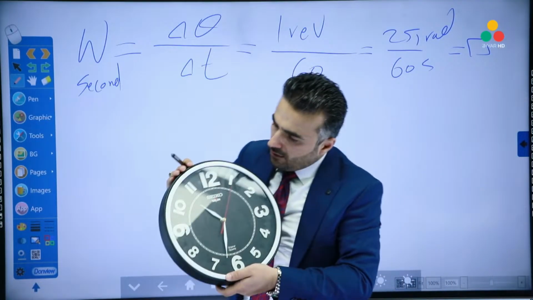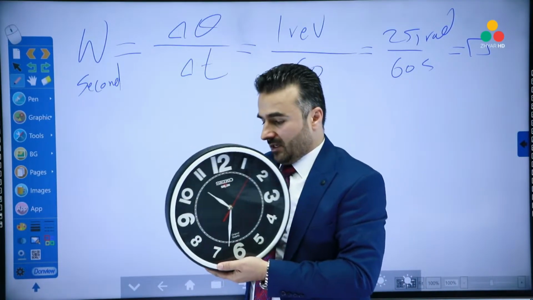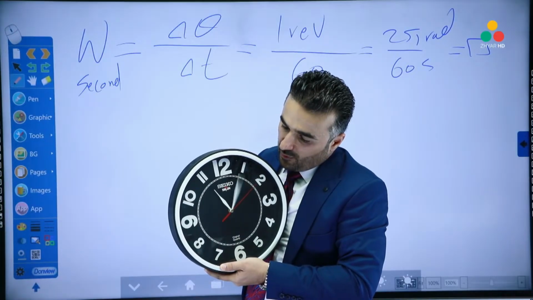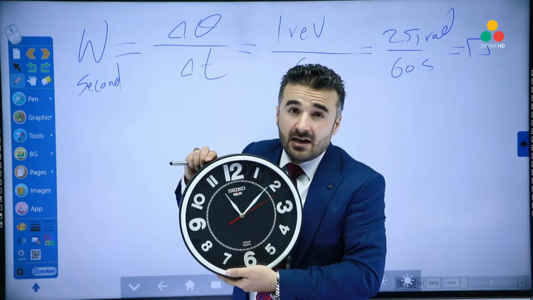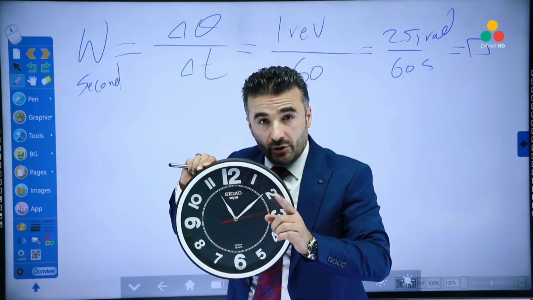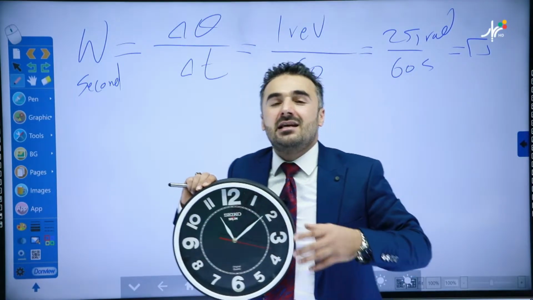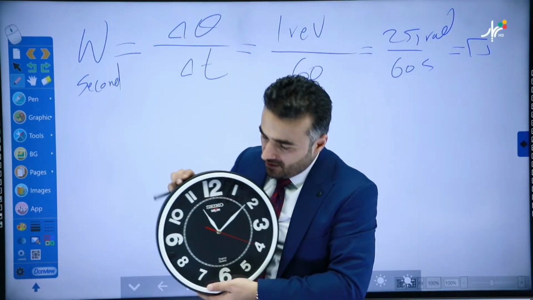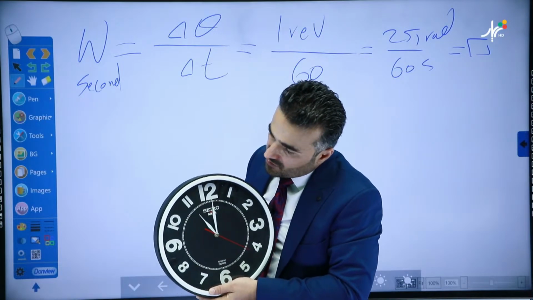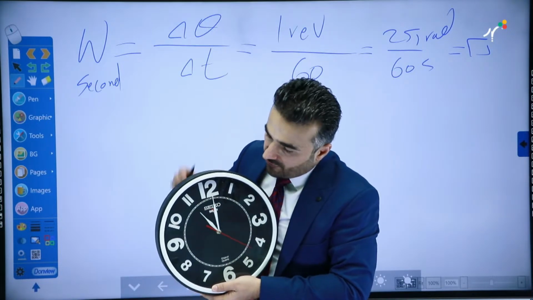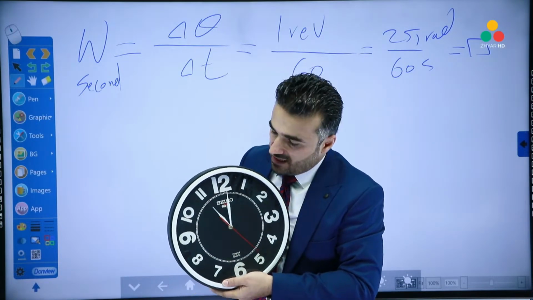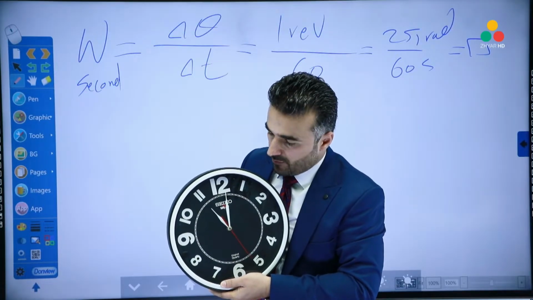Now, take a look at the minute hand this time. It's the one that is, for example, this one. For the minute hand to complete one revolution, it takes what? Is it 60 seconds? No, it is 60 minutes. Take a look here. For example, let's say it is 11 now. Watch the minute hand.